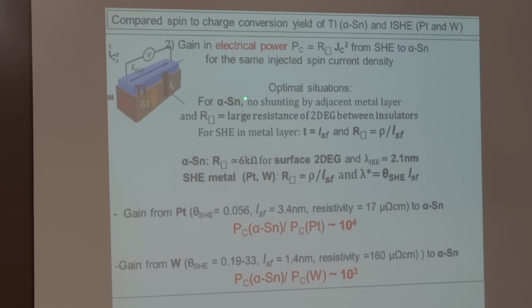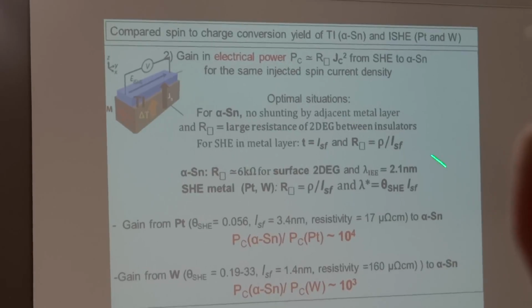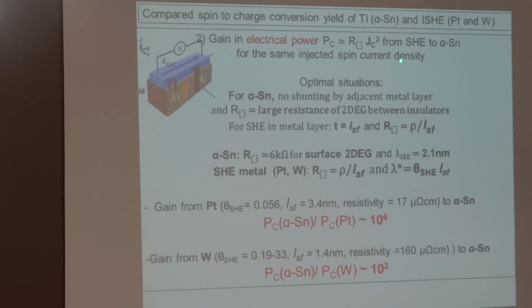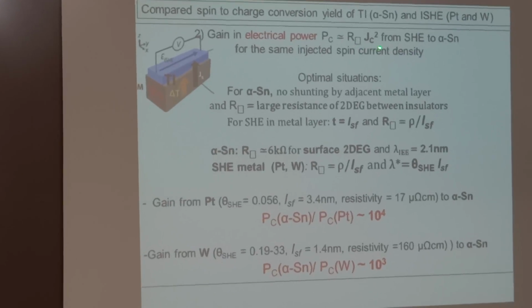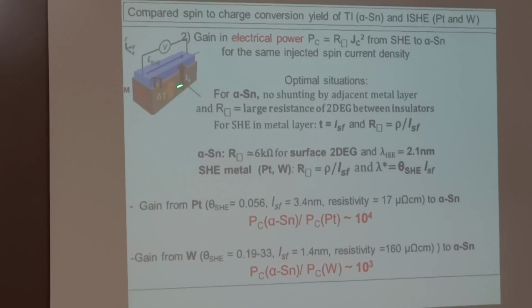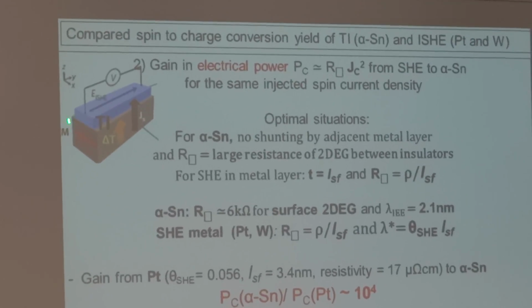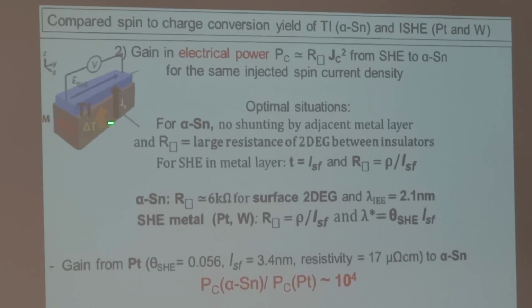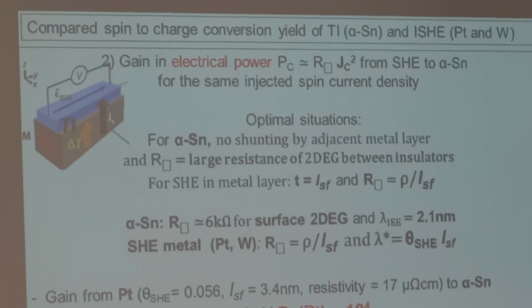And if we consider now the gain in electrical power, then the gain will be much larger, because for the electrical power the best condition also involves the impedance, the resistance of the two-dimensional state. The resistance of a two-dimensional state is always much larger than the resistance of a layer of platinum or a layer of tungsten.